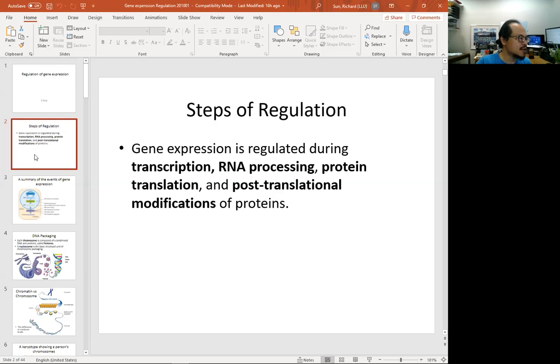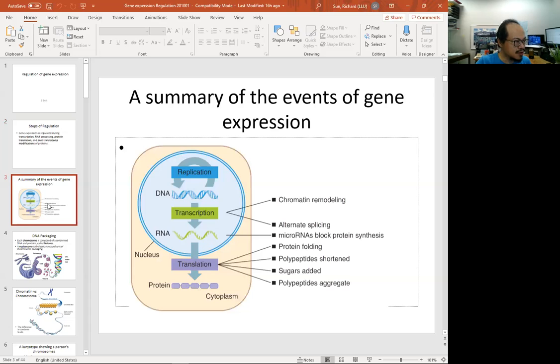Let me show you this one here. This summarizes several steps that we can do to control the gene expression. So here is the DNA. DNA has replication, right? Cells can divide. And then once the DNA is ready to be transcribed, it will go through transcription to produce the RNA.